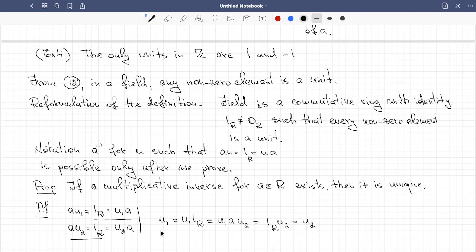So we proved that whatever elements u1 and u2 satisfy the property to be inverse to A, these two elements must coincide. u1 must be equal to u2. Thus, that justifies the notation A inverse for the inverse of a unit.